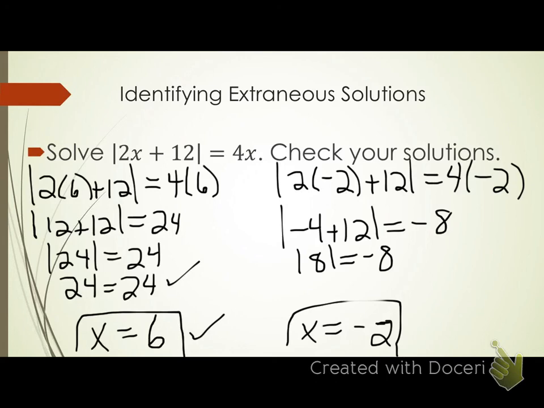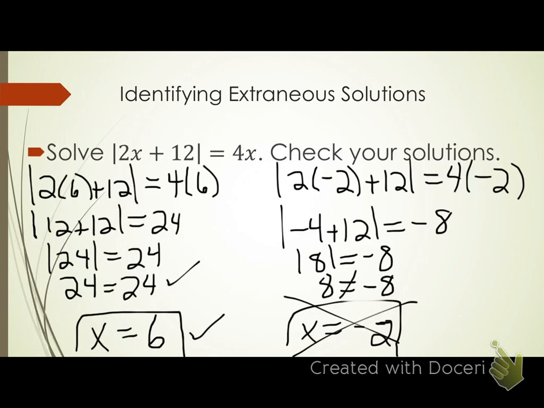And absolute value of 8? 8. When I plug negative 2 in, does it give me a true or false statement? False. 8 does not equal negative 8, does it? So this is an extraneous solution. I have to reject it as a normal solution. Does everyone see why? Because it does not work for my equation.